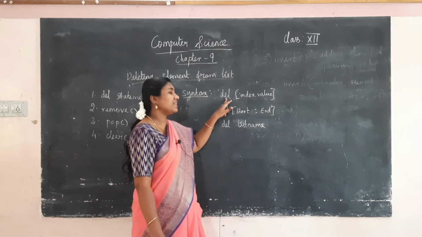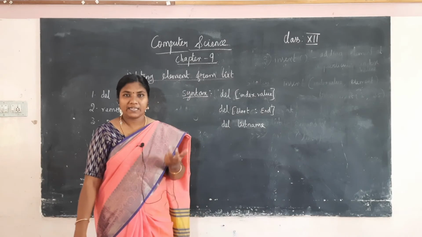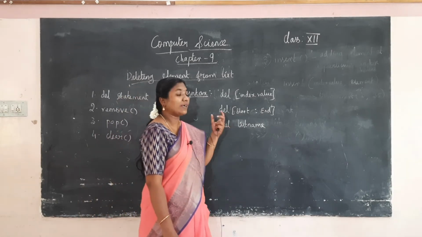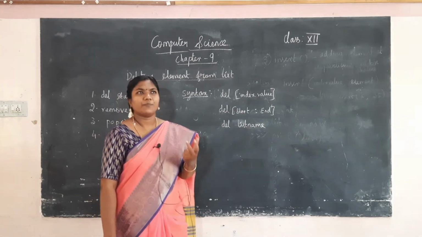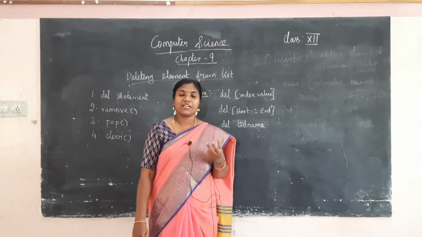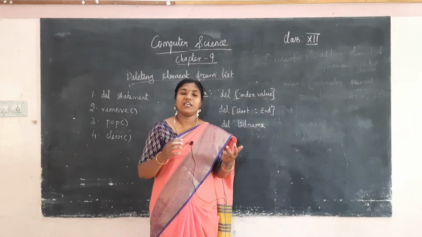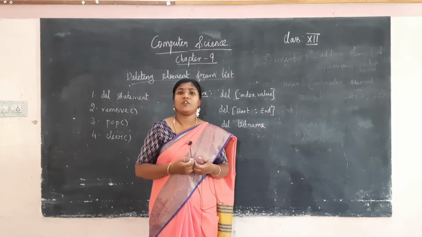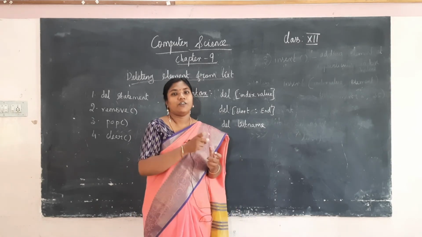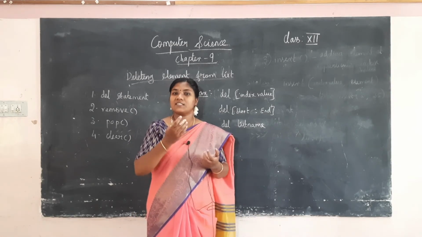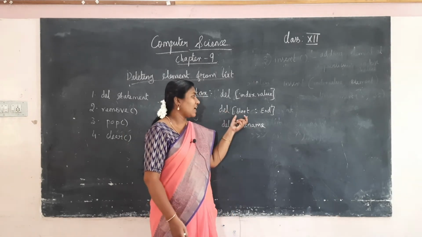So first, the del statement: within the square bracket you have to give one index value. When you give one index value, that particular element only will be deleted. Suppose a list has nearly 50 or 60 elements and you want to delete 10 elements that are in sequence, in order, then you have to use del from start to end.